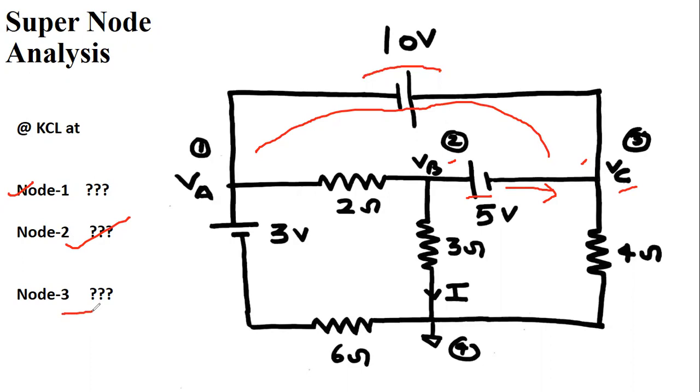So what is the concept of a super node? A super node means a voltage source is given between the nodes without a resistance. Then how can we apply the KCL? Okay, so you have got the point of what a super node is. So see how we can apply it.